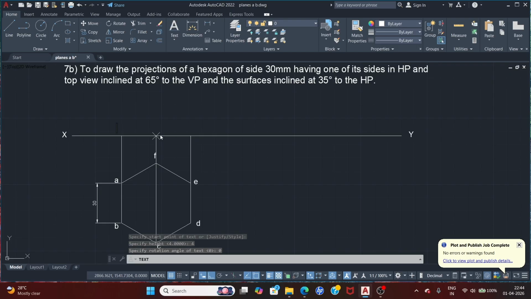So indicate with the text. So this is nothing but B in bracket A, and next C in bracket F, and next D in bracket E. So like this we need to indicate the text.